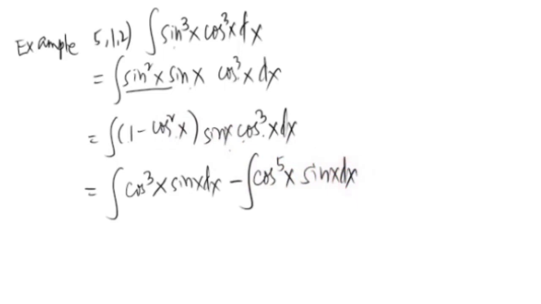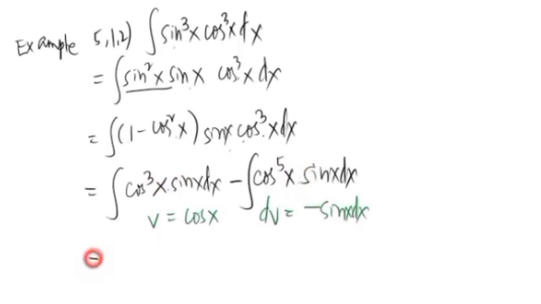Now, in order for us to apply the general power formula, we let our v is equal to cosine x, then your dv, taking the derivative, it's negative sine x dx. So makikita natin kulang tayo ng negative dito and kulang tayo ng negative doon.